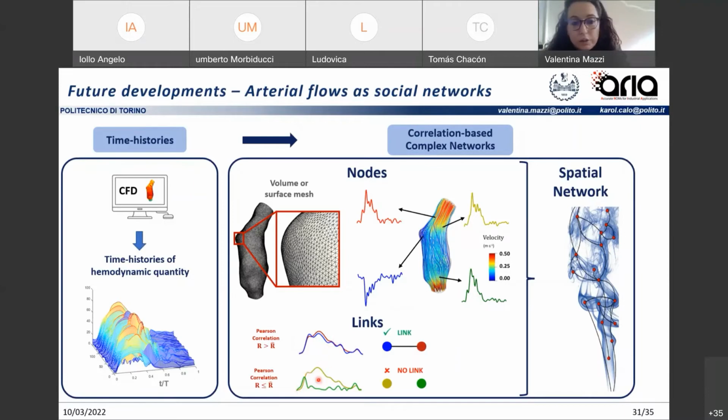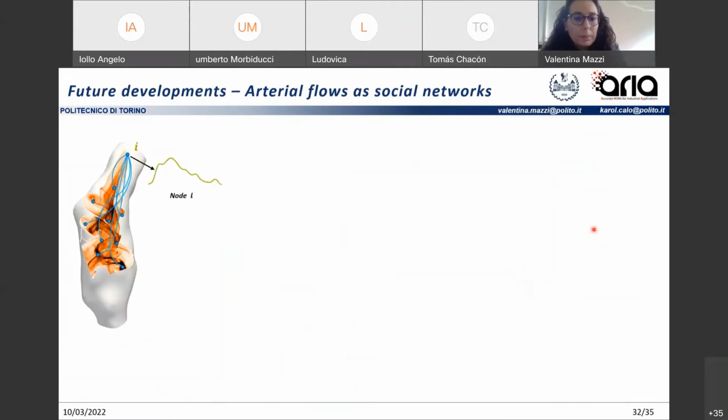Otherwise, if the correlation between the two time histories is below the chosen threshold, then no link is established between the corresponding nodes. In this way, we obtain a sort of spatial network whose topological structure, which is basically the pattern of connections between the nodes, provides useful information on the organization of hemodynamic flows.